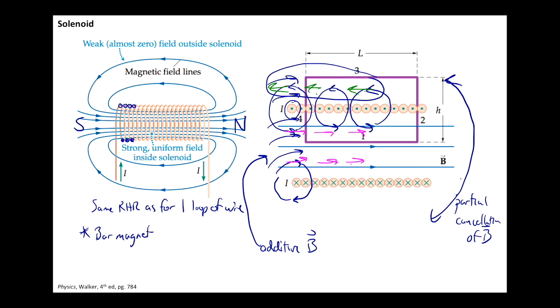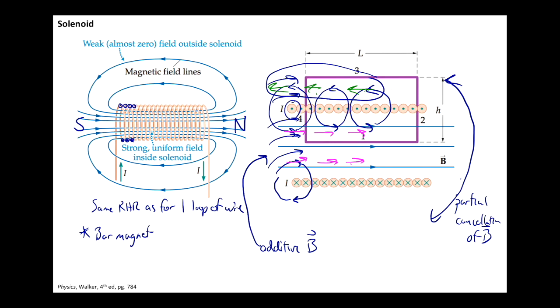They're not all pointing to the left because I have to consider the field coming from the other set of wires as well. So all of the magnetic fields from this top set are pointing to the left up here, but this creates a magnetic field everywhere around them, including up here. And it's pointing to the right up in that region, which serves to cancel out the ones that are pointing to the left somewhat.